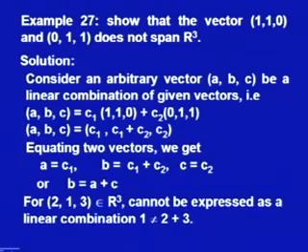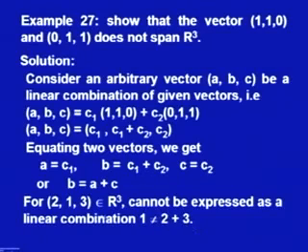Now the vector (2, 1, 3) belonging to R3 cannot be expressed as a linear combination of these two vectors, because if it has to be represented as this combination, then it must satisfy this constraint. But if you substitute the value of b as 1, a as 2 and c as 3, one can notice that 1 is not equal to 2 plus 3.